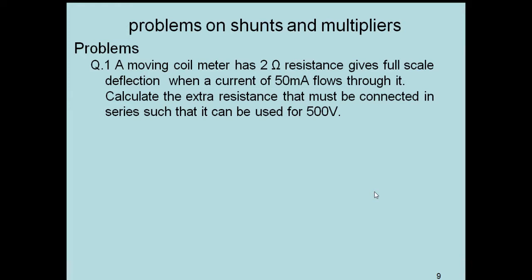This problem: a moving coil meter has 2 ohm resistance and gives full scale deflection when a current of 50 milliamperes flows through it. Calculate the extra resistance that must be connected in series with it so that it can be used for measuring 500 volts.